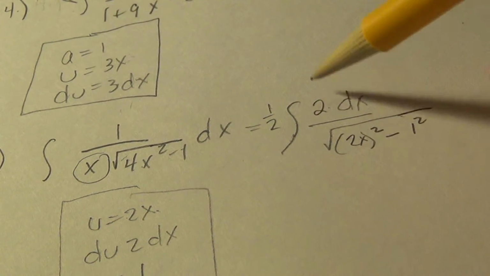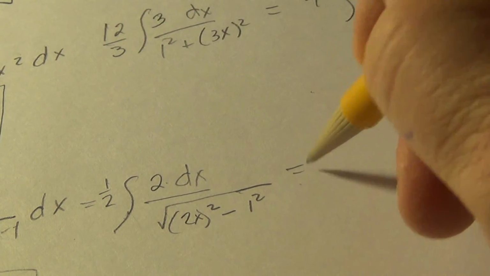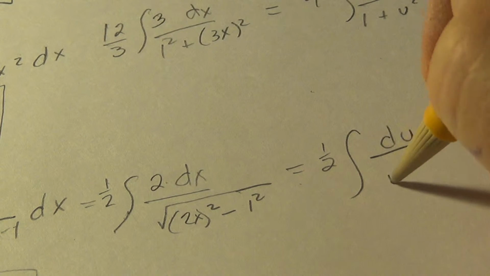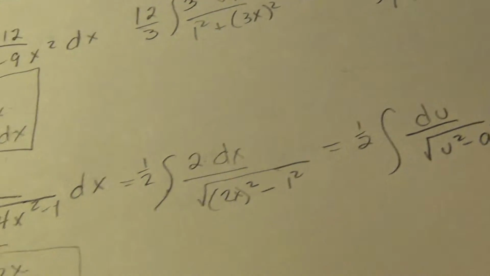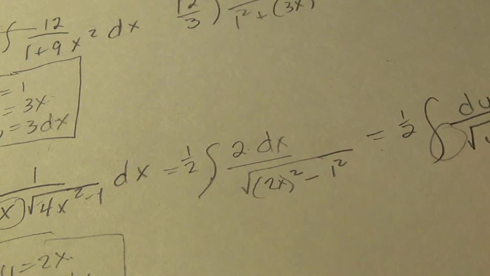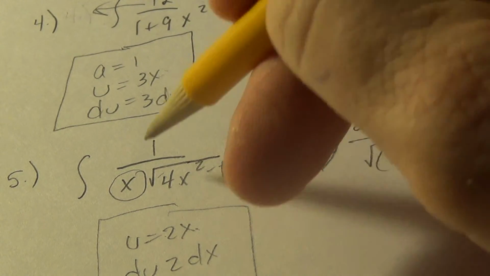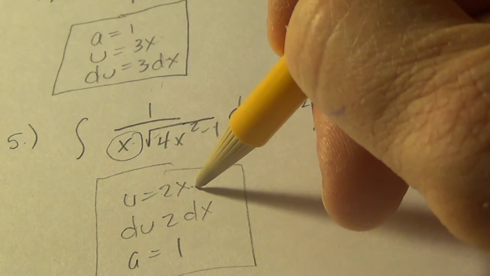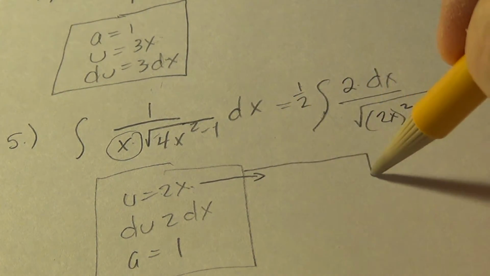So I do need to make this in terms that I can. If I was going into u land, I would have a du over the square root of u squared minus a squared, which is nice, but there's still something that needs to be dealt with right here. And if you look in your box, it has to equal x, but it has to have u's in it. So I'm going to go to this statement right here and extend my box.